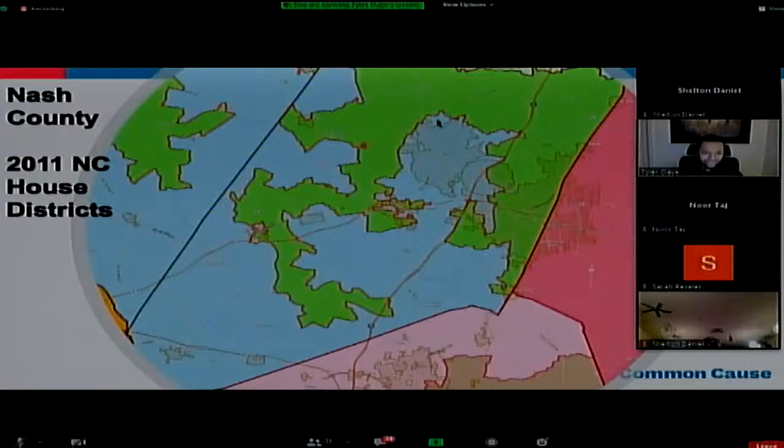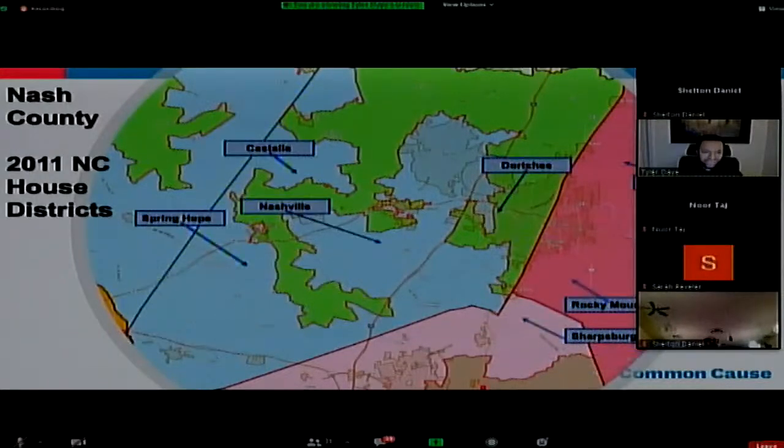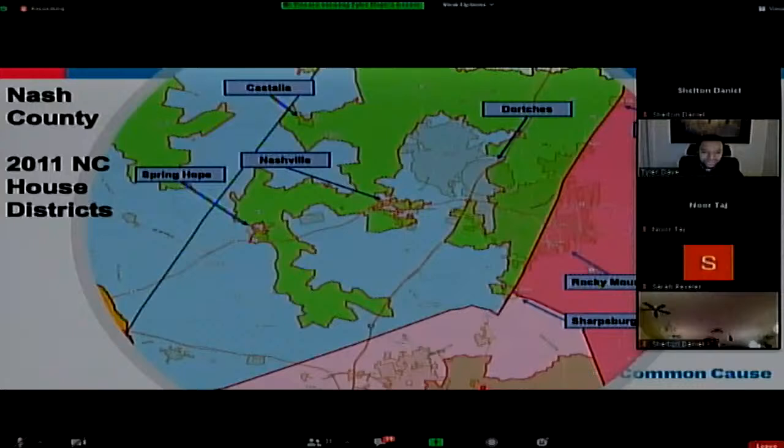I mean, this is really egregious. If you look at this green district, it just snakes all over the place. And again, these are all the cities and towns I've just shown you which were split. Most municipalities were split in this 2011 House map in Nash County.